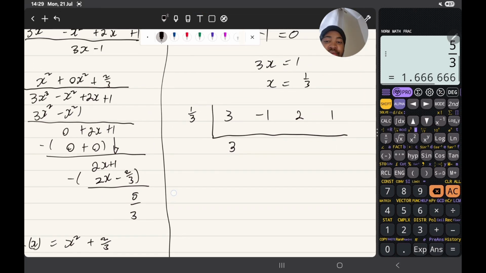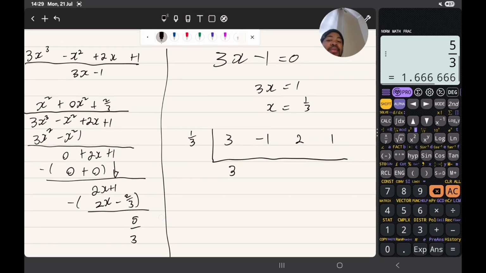Alright, cool. First and first, we bring down the 3, and then we cook. 3 multiplied by this is 1, so we write 1. Do your adding here, 0, right? And then this term is that 0, so 2. And then this multiplied by that, you have 2 over 3. You add, you get 5 over 3.